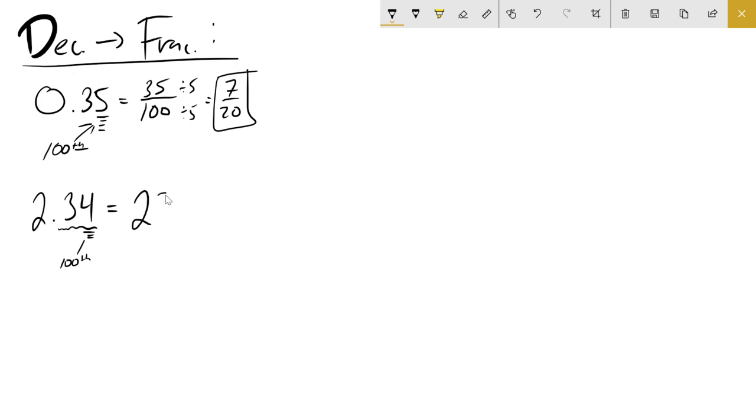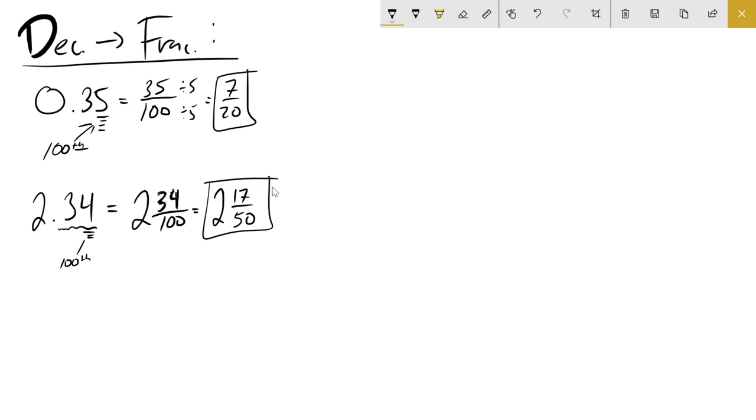So this would be 2 and 34 hundredths. But then that's reducible because 34 and 100 are both divisible at least by 2. So we could take it down. 34 divided by 2 is 17. 100 divided by 2 is 50. So we get down to there. And I think you're done because 17 is prime, and 50 is definitely not divisible by 17. So that'd be the answer for that one.